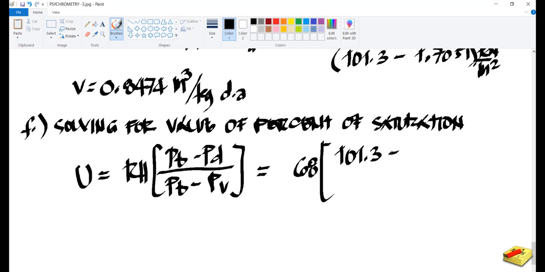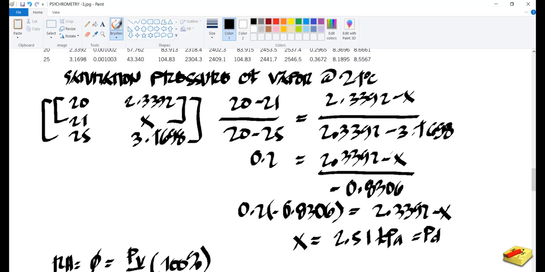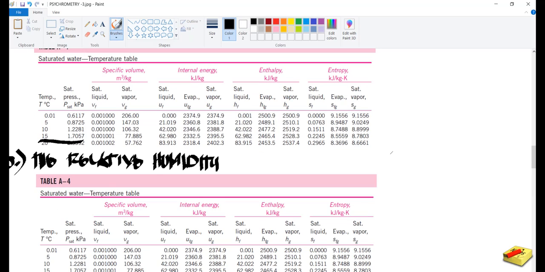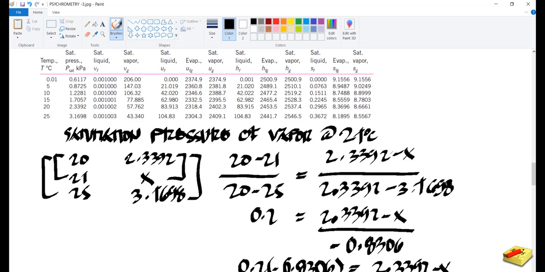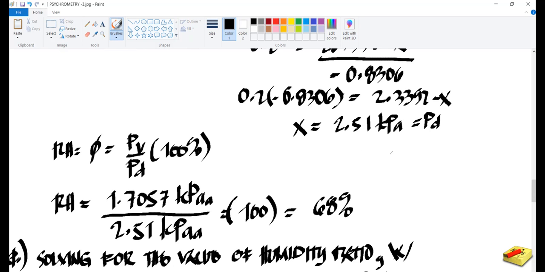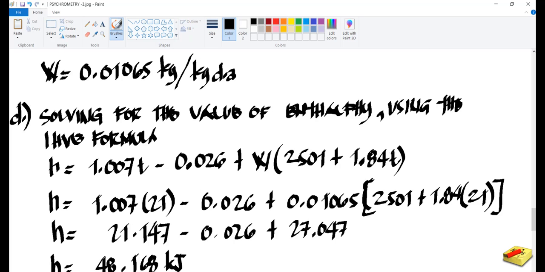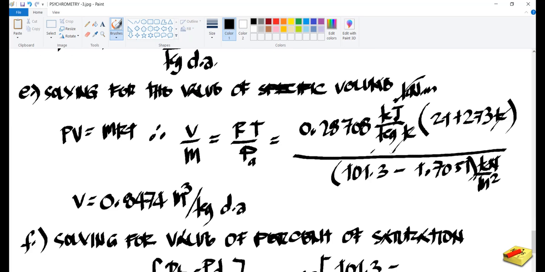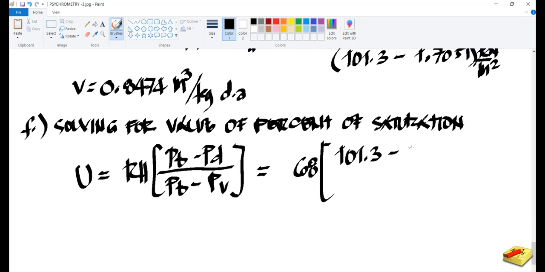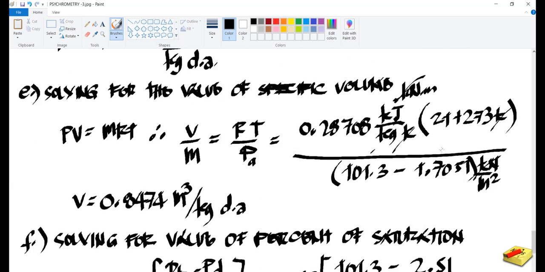Then our saturation pressure, PD, going back, saturation pressure, relative humidity, so that will be 2.51. Okay ba? Okay.